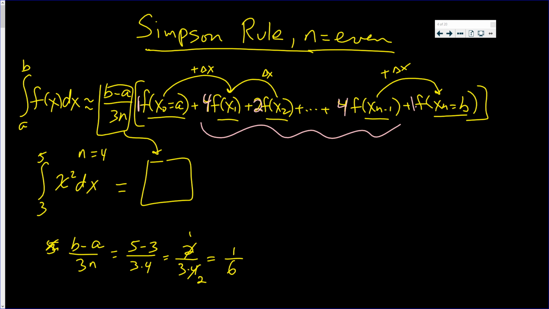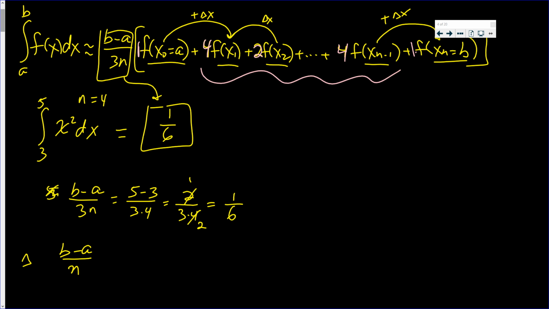Now, we need to know what delta x is. It's the length divided by the number of rectangles. It is 2 over 4, because they told us that n is 4, which is a half. So we're going from 3 to 5. x0 is 3.